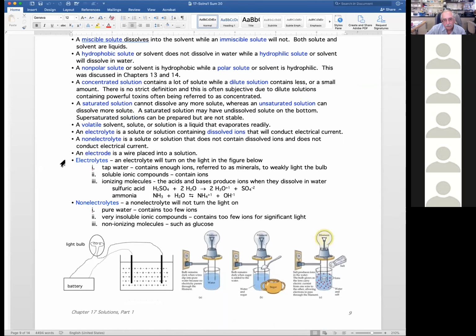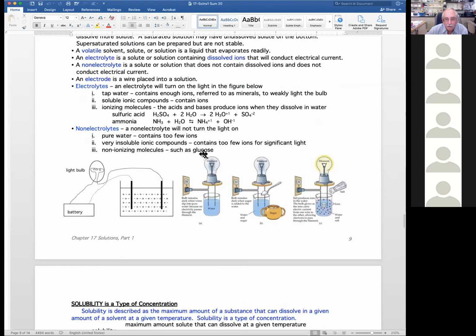An electrode is simply a wire that you put into solution. So here's some examples of electrolytes. And this is probably the very first diagram I tried to draw using basically Microsoft Office. So here we have a battery, and then this wire turns into an electrode when I place it into the solution.